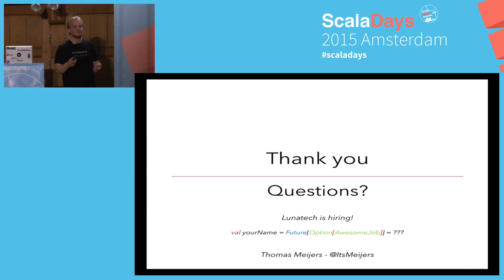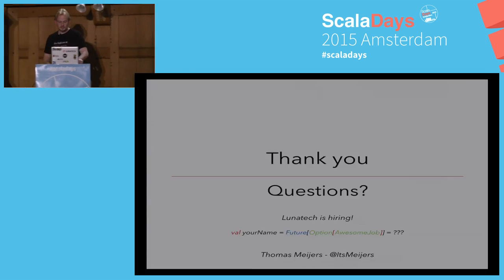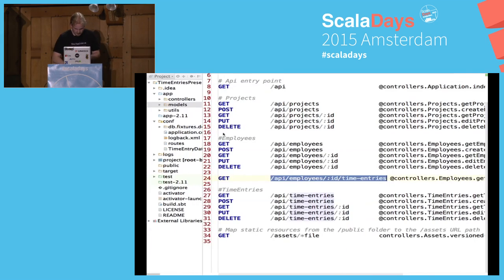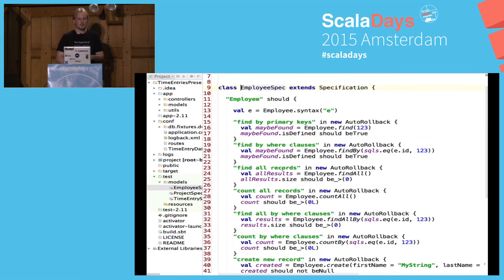Yeah, so ScalikeJDBC actually creates some tests as well. Since Play 2.4, I didn't get them to work so quickly. But if you have a look at the test folder, there you can see the models with the created tests. But you have to add some stuff to make it work.